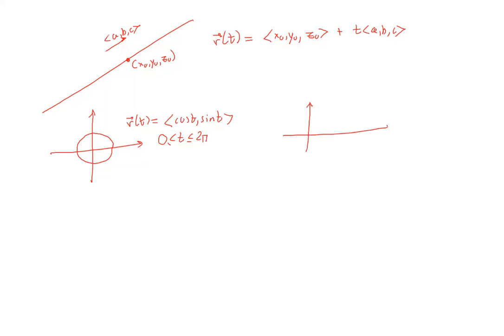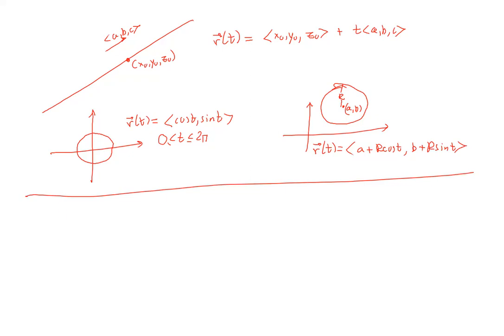Also, if you have a more general circle, let's say that it's centered at (a, b) and it has radius r, then the parameterization is r of t equals a plus r cosine t, b plus r sine t.